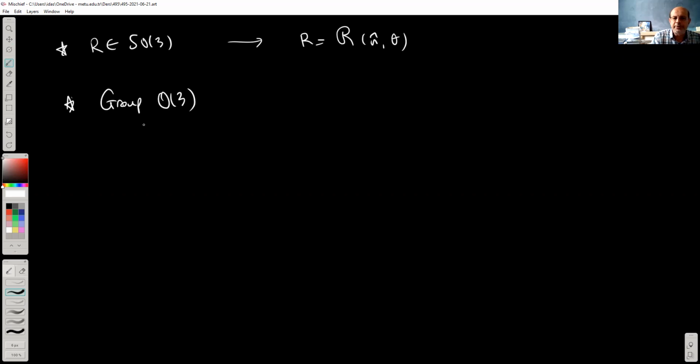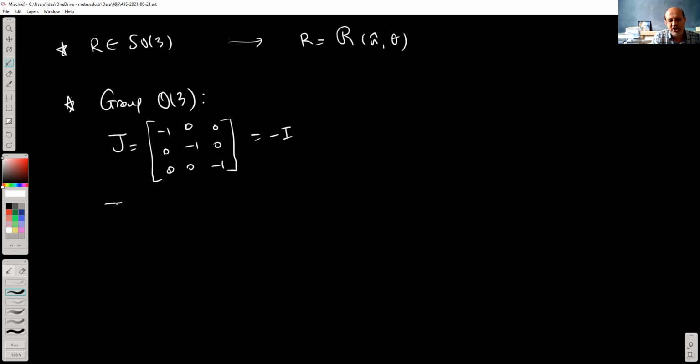Well, within that group, there are these improper rotations. There's actually a very special improper rotation, that's called the inversion. That's this matrix in here, where all of the eigenvalues are equal to -1. That's minus identity.